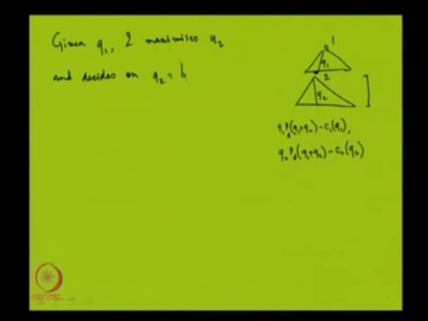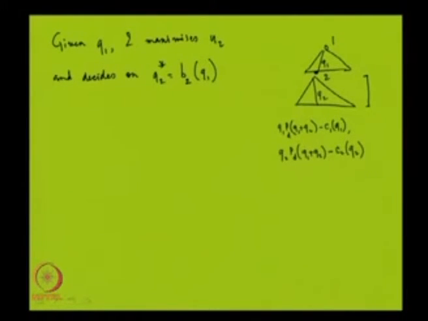which we shall write as b2 of Q1, because as Q1 goes on changing, the optimal value of Q2 will go on changing also. So, the optimal Q2 is a function of Q1. Let us write it as Q2 star.